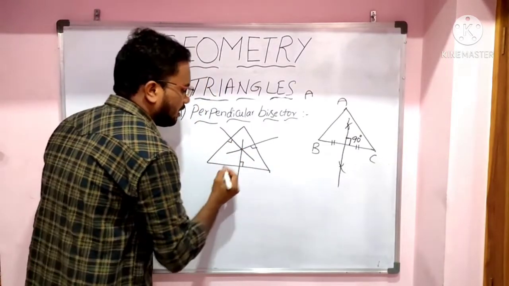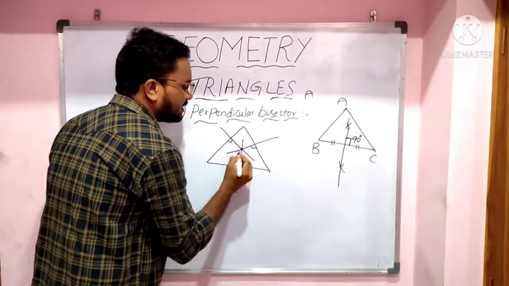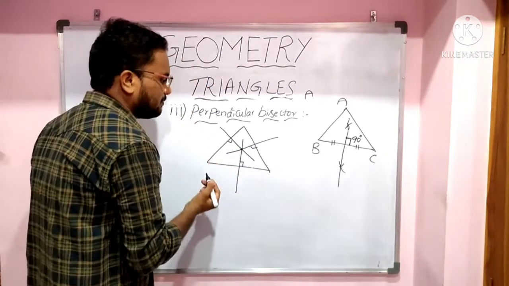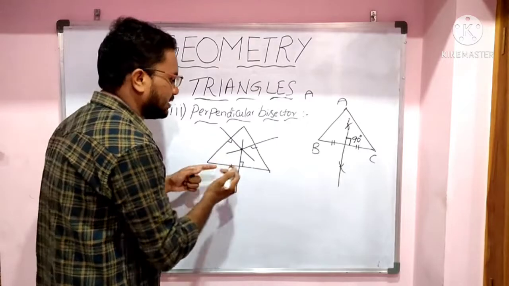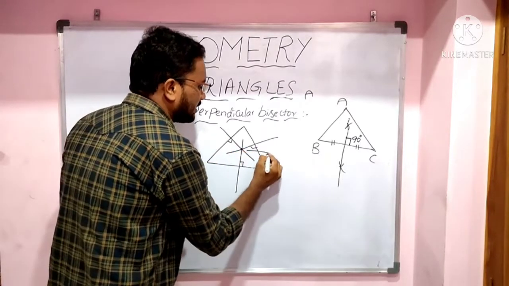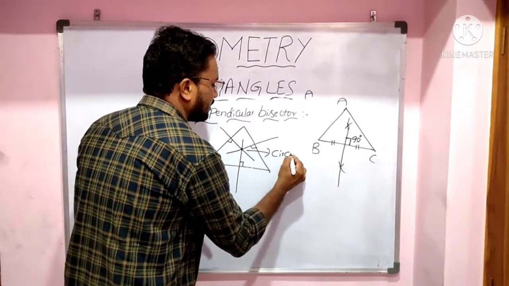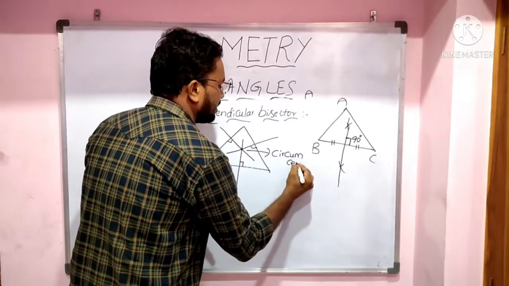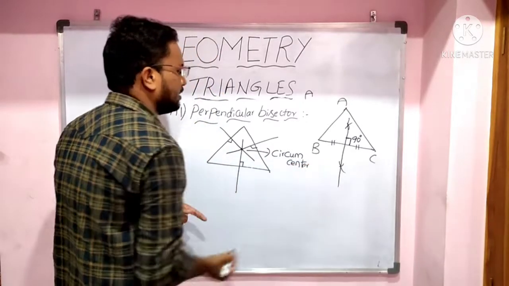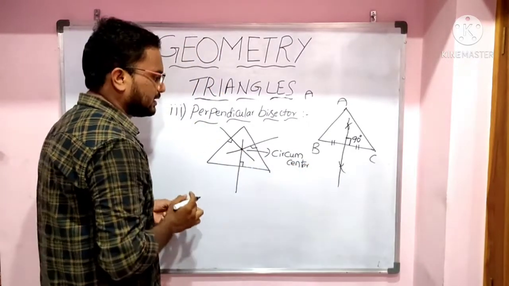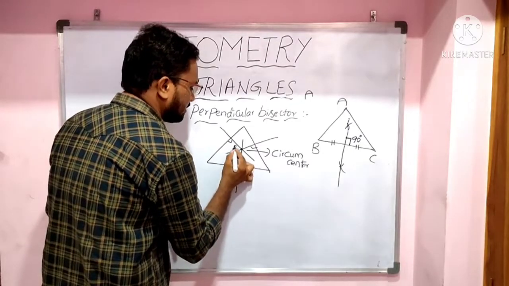Okay, and all these three perpendicular bisectors are concurrent. That means they meet at a single point. This point is called circumcenter. It is denoted as S.